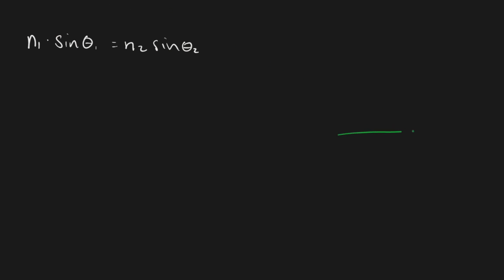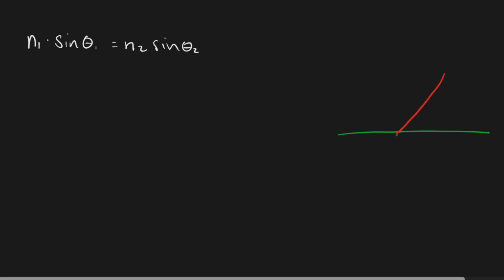If we have some sort of boundary here and we have a light that is beaming here and then it refracts a little bit, and of course we have this thing here which is called the normal. Okay, it's not a very good line, let's draw something better.